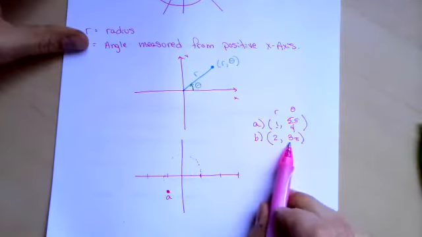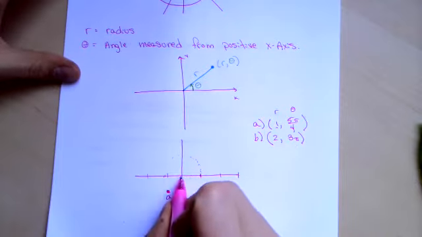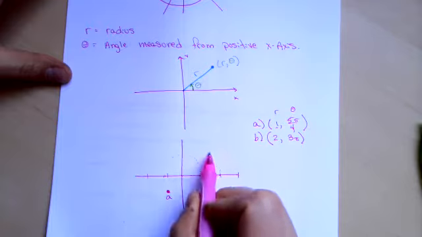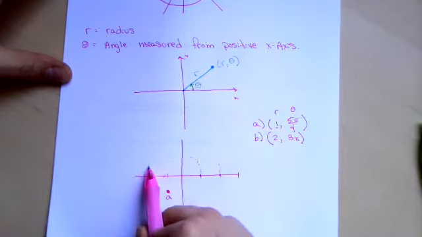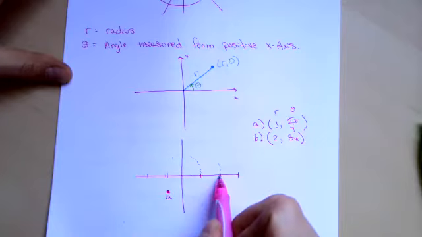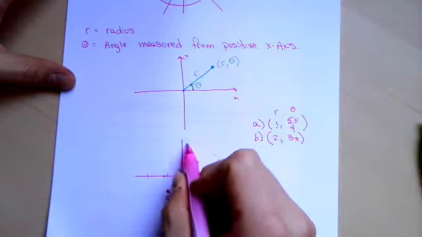For B, what do we want to do? It has (2, 3 pi). So we walk over 2 on the x-axis, and then we've got to go around 3 pi. All the way around the circle is 2 pi, and then we need to go around another pi.